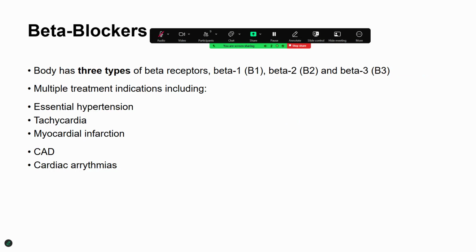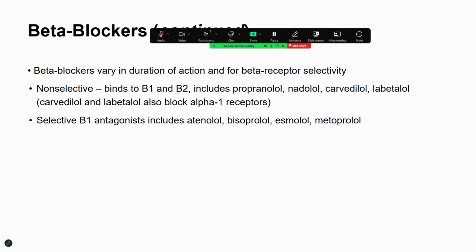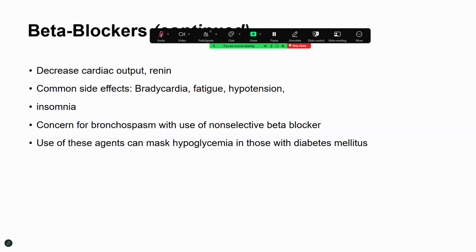And then you have the B1 selective: atenolol, metoprolol. They help by decreasing cardiac output and renin. They can cause bradycardia, fatigue, hypotension, insomnia, and bronchospasm with the use of the non-selective beta blocker.